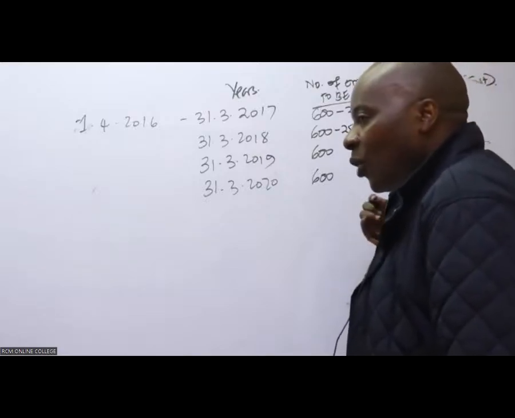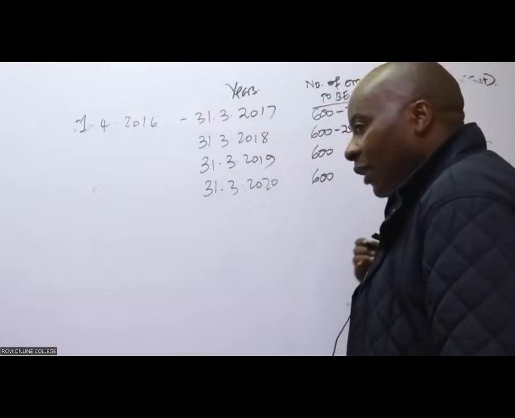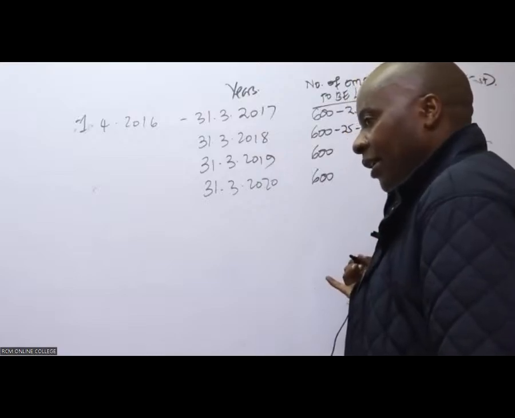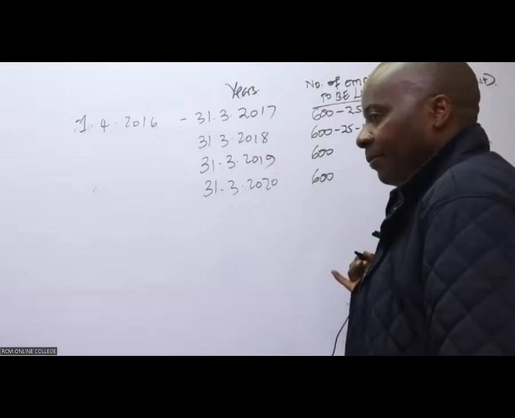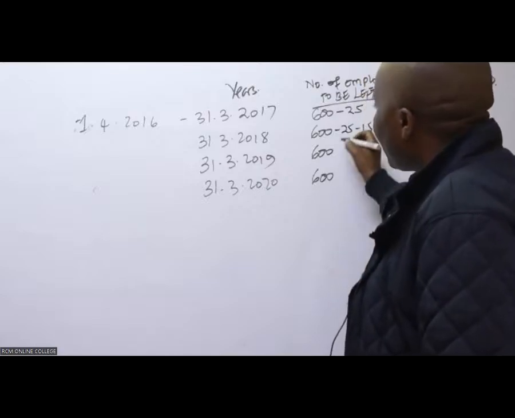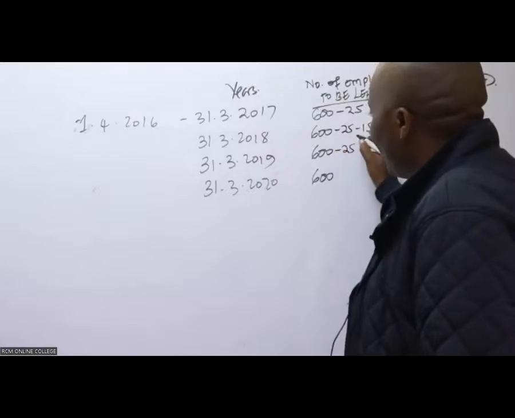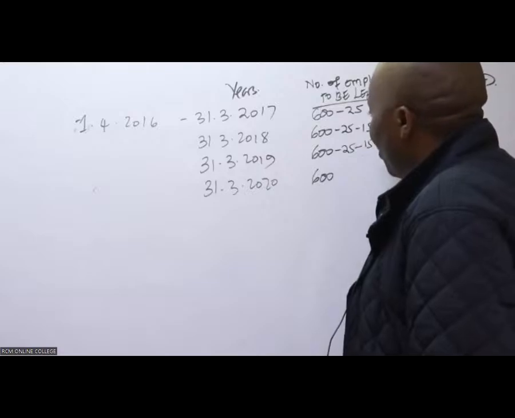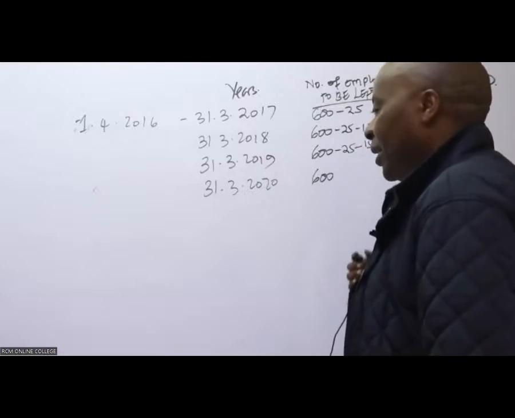I want to account for the number of employees that I will be left with in the company. So go to year number 3. When I go to year number 3, I must remember the guys who left in year 1 and the guys who left in year 2, minus now the guys who will leave in year 3.